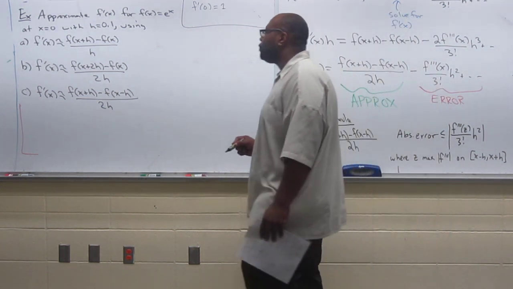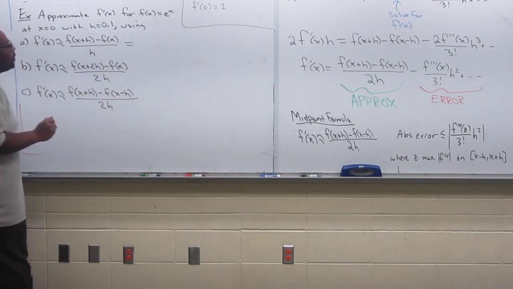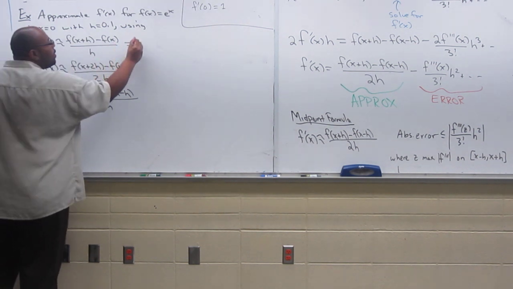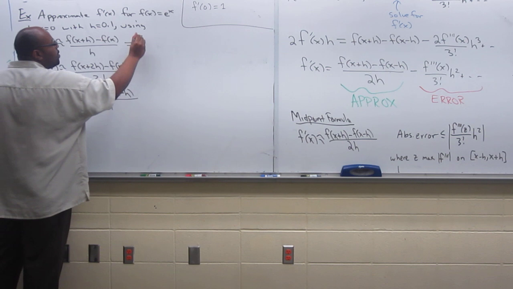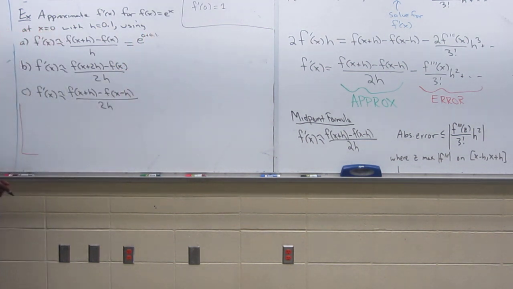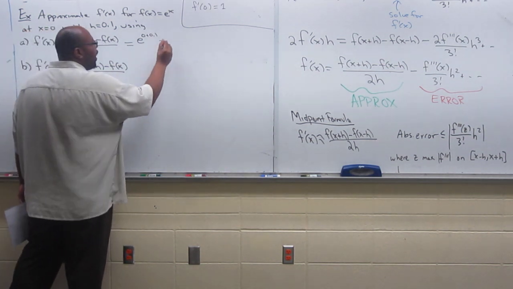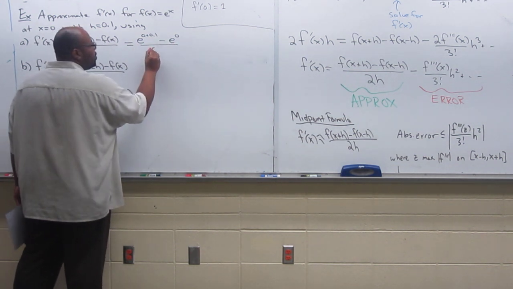So let's plug in. We're just going to go to the side here. Here I want to do f of x plus h. My x is 0, so I have e to the 0 plus h, which is 0.1, minus e to the 0, all that divided by 0.1.